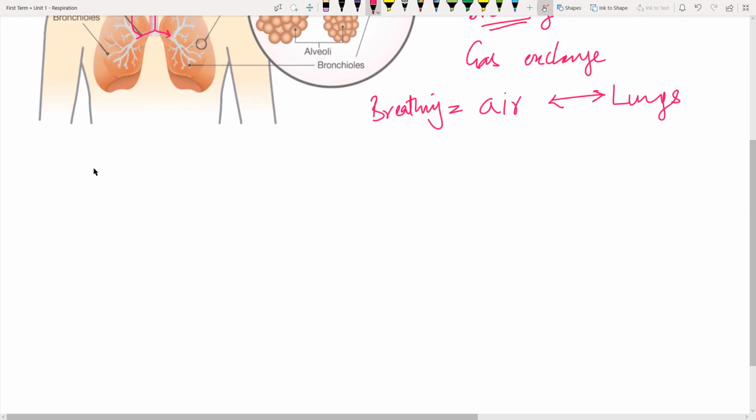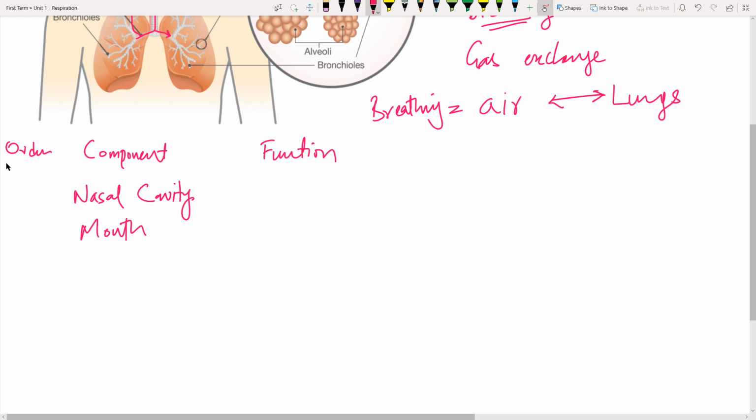Over here I'm going to summarize the point. We have the nasal cavity, then we have the mouth. I'll write the component and its function, and this is the order. Order means how air is taken in all the way down to the lungs. So this is step one, this is step two. Both of them are actually parallel.